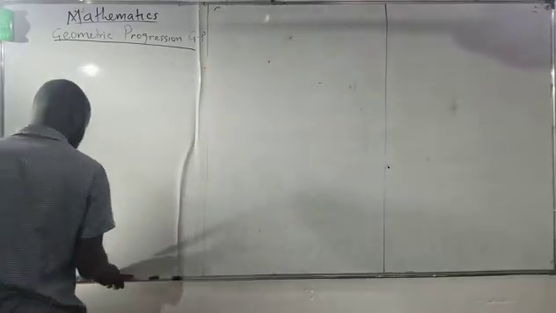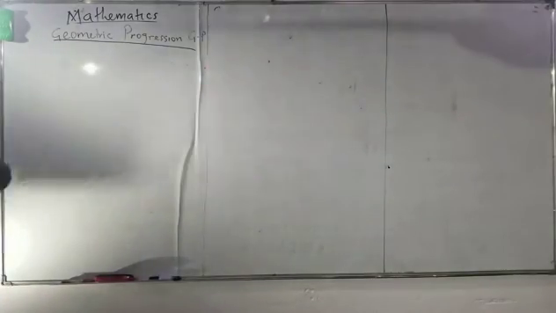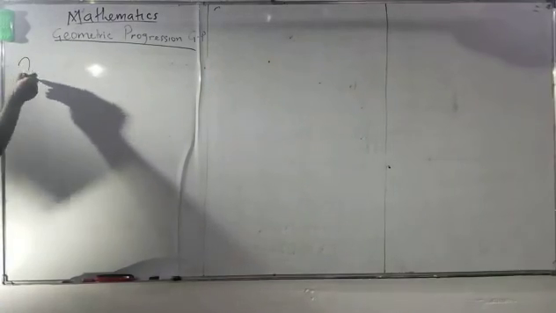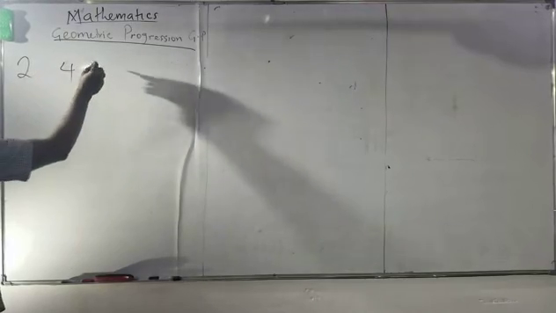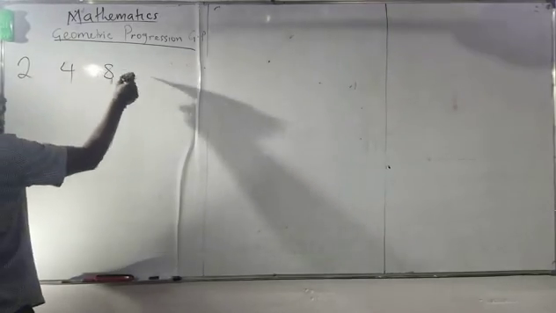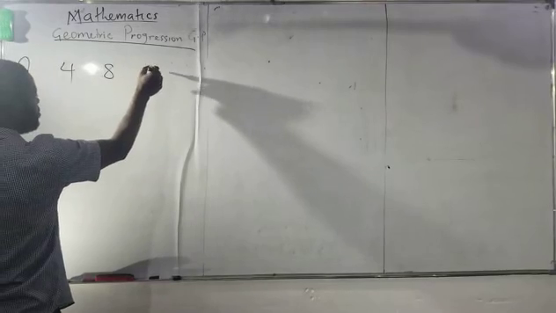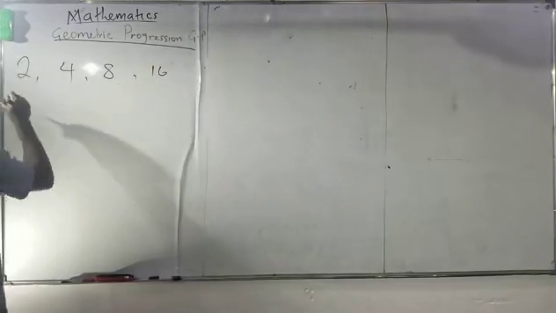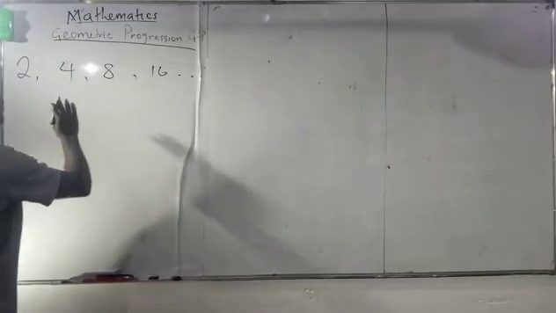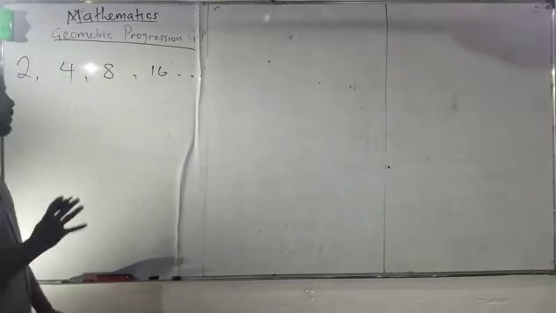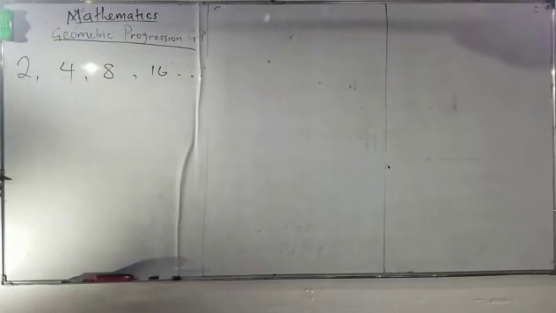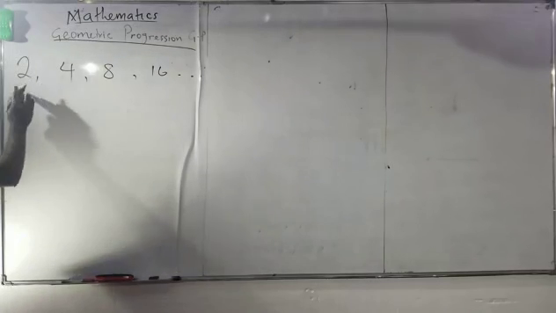For instance, this is a GP problem: I have 2, 4, 8, 16, and so on and so forth. This is a GP sequence. Why is it a GP sequence?